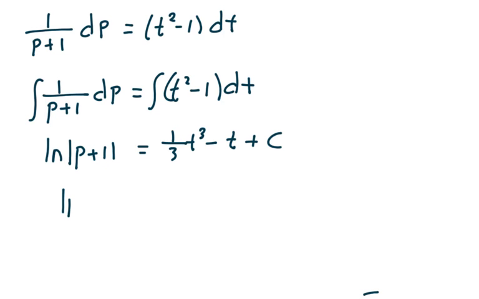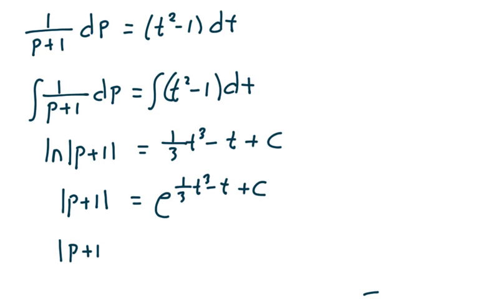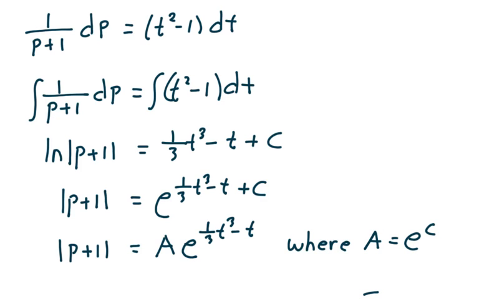The absolute value of p plus 1 is e to the (1/3 t cubed minus t plus c). Now, this says the absolute value of p plus 1 is a e to the (1/3 t cubed minus t), where a equals e to the c.